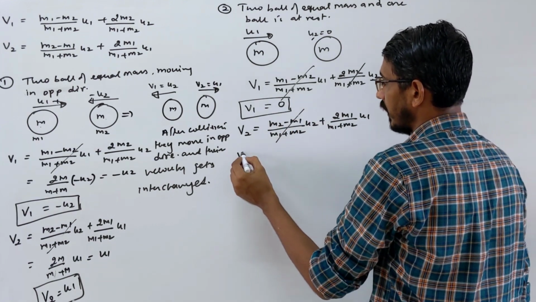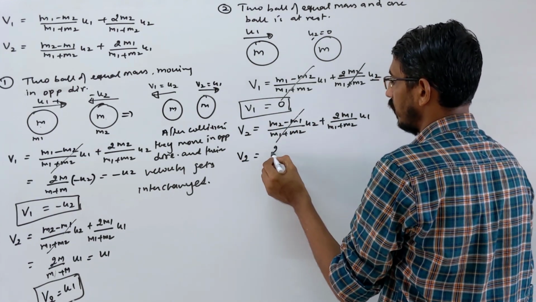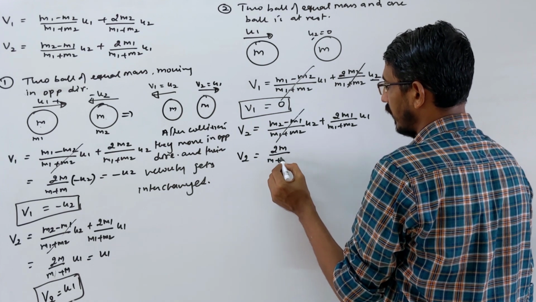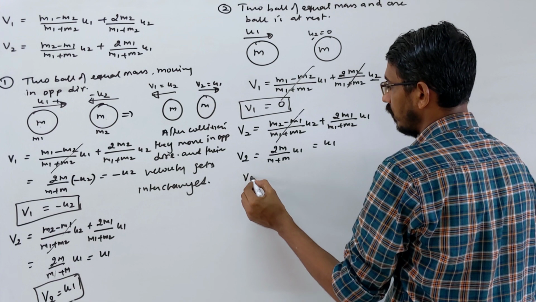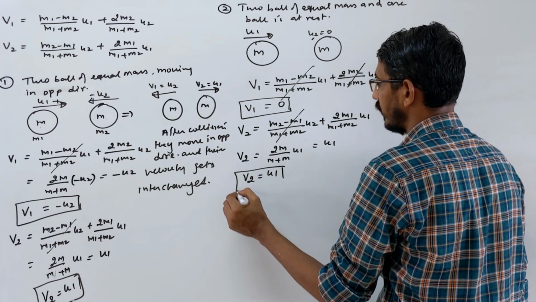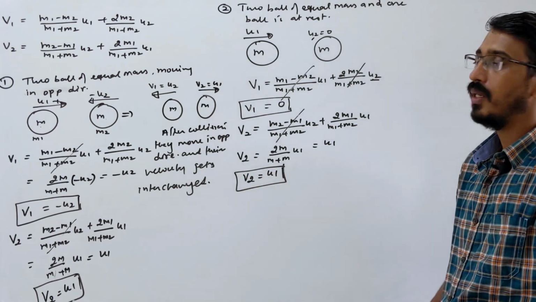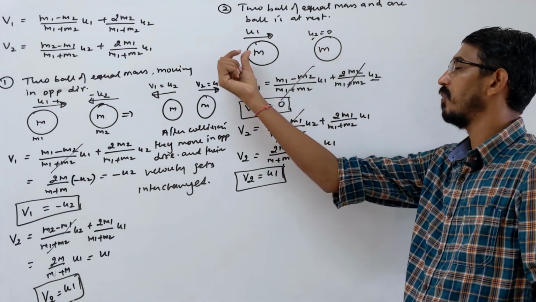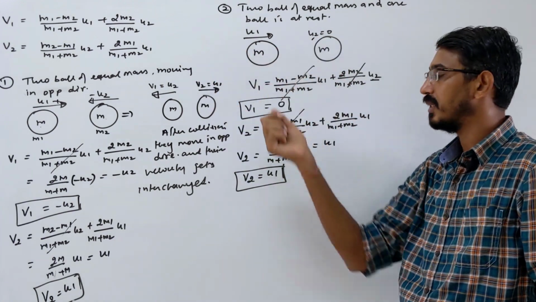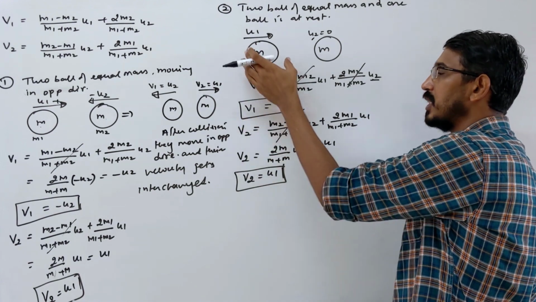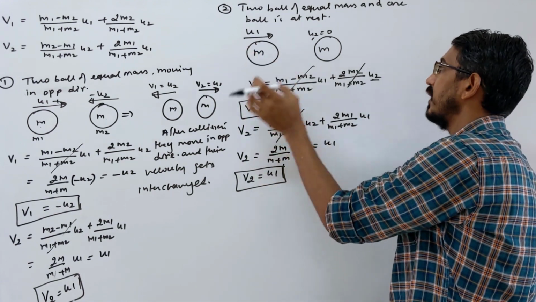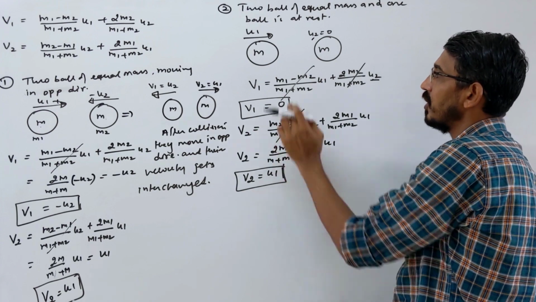Look at the second term, 2 times m upon m plus m into u1. So v2 becomes u1, correct? Now, one ball is placed at rest, one ball of the same mass comes and hits it, then what will happen? The final velocity of this ball becomes 0.